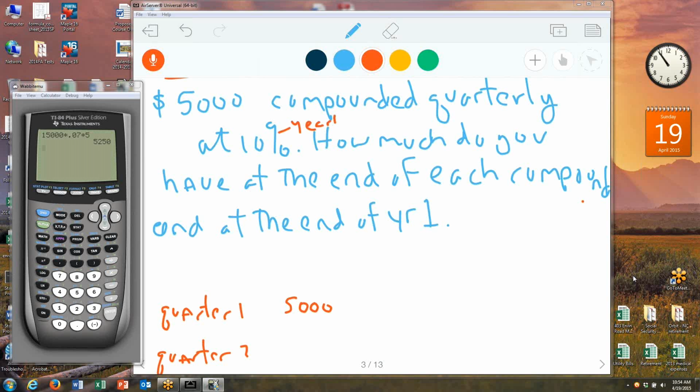So if it's 10% for the year, that means if it's every quarter, it's only 10 divided by 4. If it's monthly, divided by 12. All right, quarter, divided by 4, it's 2.5% each quarter. So this is going to be 0.025 times 1 quarter. It'd be nice if you got 10% each quarter, but that ain't going to happen. So we'll do it this way.